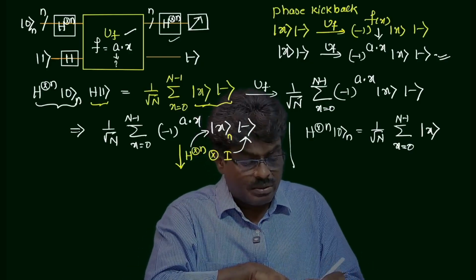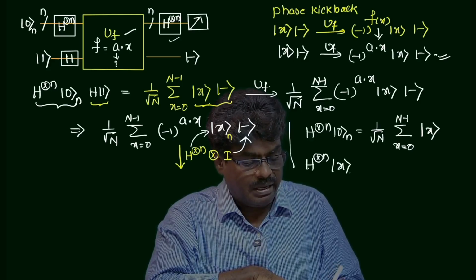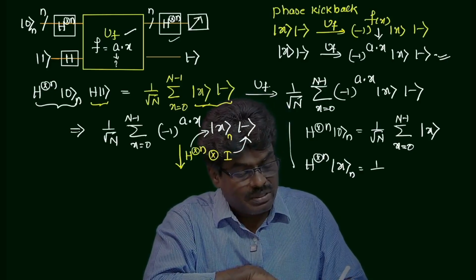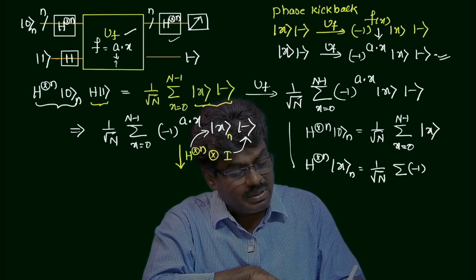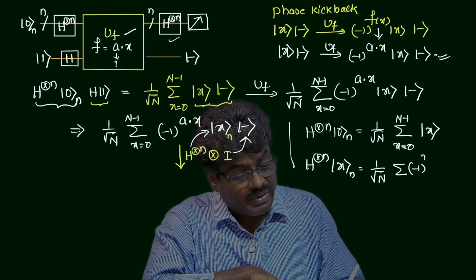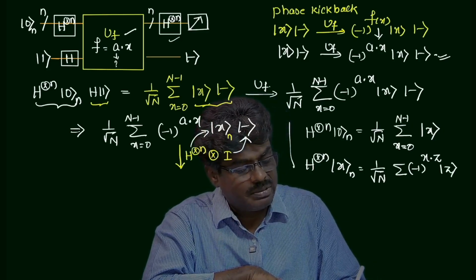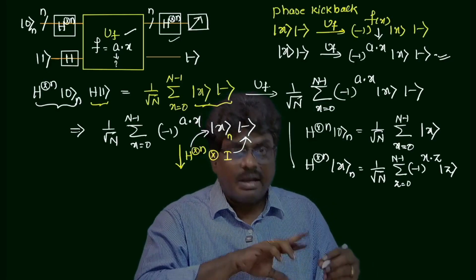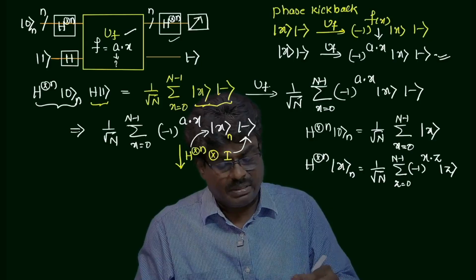But other than 0, for example, if you have H tensor n on an n-qubit string x, you will get some phase factors. So this is a 1 over root N normalization factor, summation (-1) to the power phase factor. This is nothing but x dot z, where z is equal to 0 to N minus 1. I have already explained this. I request you, if you don't know, please check this.